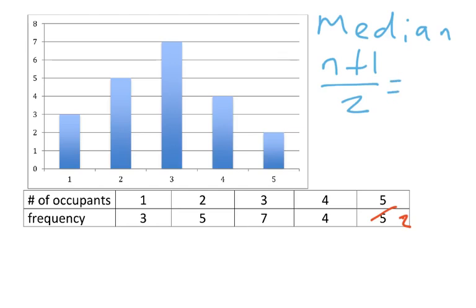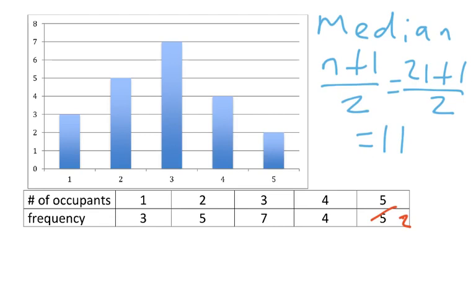In our case, that would be 21 plus 1 over 2. 21 plus 1 is 22 over 2, position 11. What that means is if we were to list all the units and how many people are in them from smallest to largest, we would be interested in the 11th data entry.